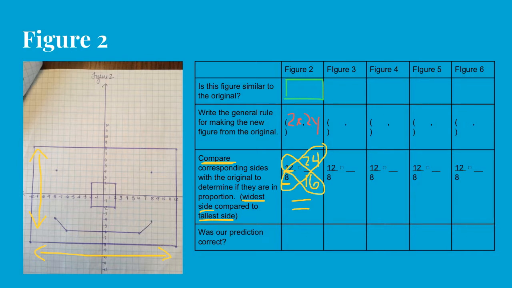And so you're going to look at your prediction, and it looks like two things are happening here. I have the same scale factor as my multiplier. My sides are in proportion. So this is a similar figure. Yes, it is similar. So in this box right here, I want you to check your prediction from the very first top green box. Were you correct or incorrect?